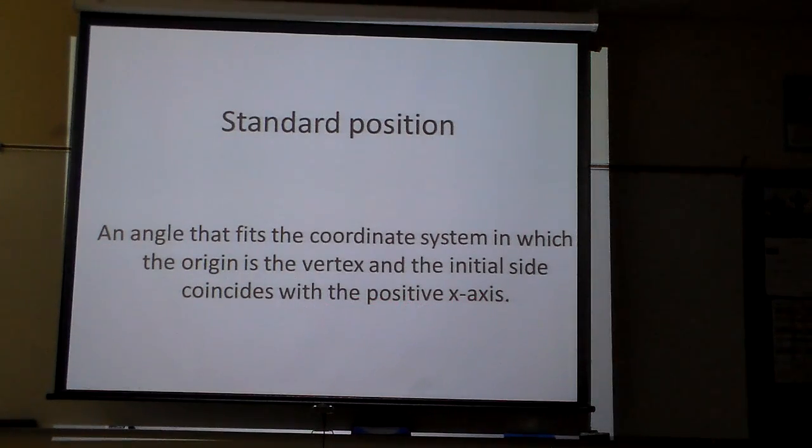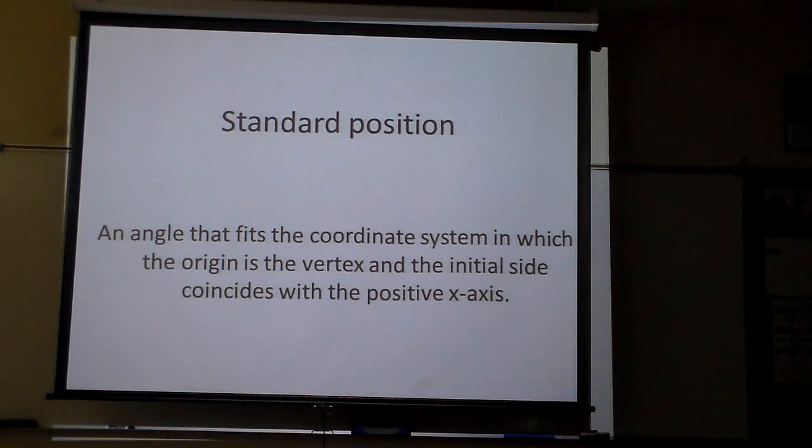Basically, the end point is on the origin, the point 0, 0, and the initial side is the positive x-axis, meaning if you start at 0, 0 and go straight right out on all the positive numbers on x, that's the ray. Standard position starts right there.